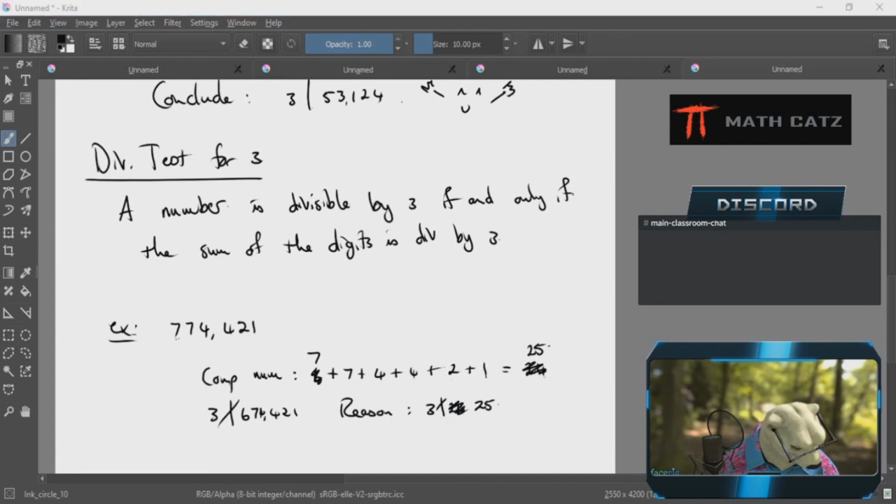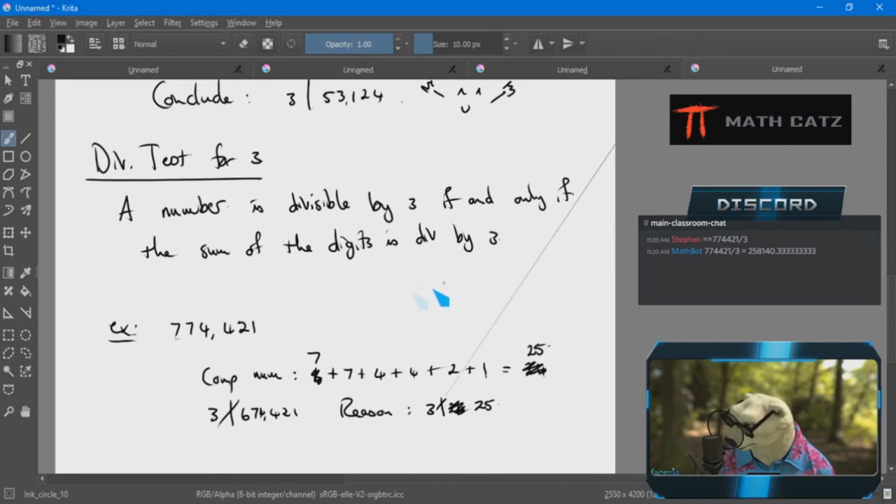We could use our calculator to double check. 774,421 divided by 3. It's not divisible. So even though sometimes the last 2 digits or the last 3 digits will be divisible by 3, the number may or may not be divisible by 3, meaning that that is not how I test this at all.